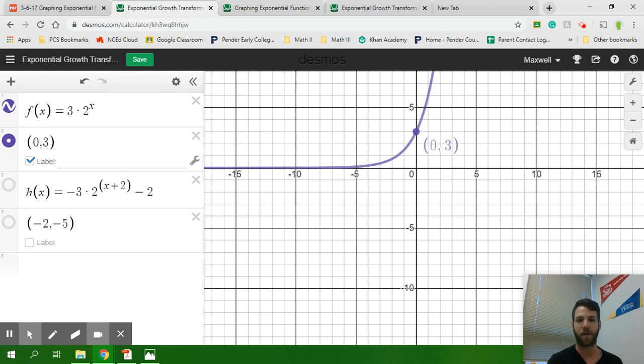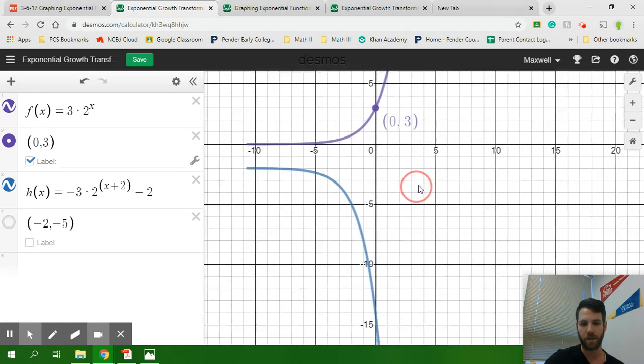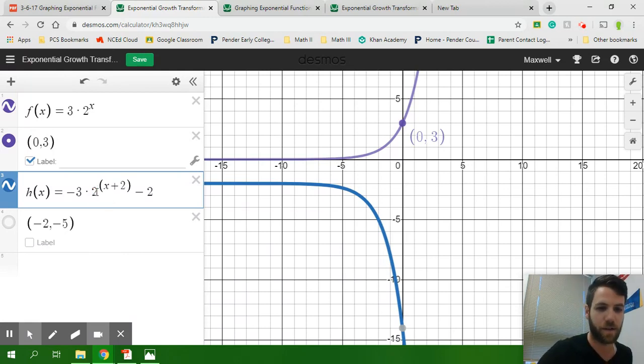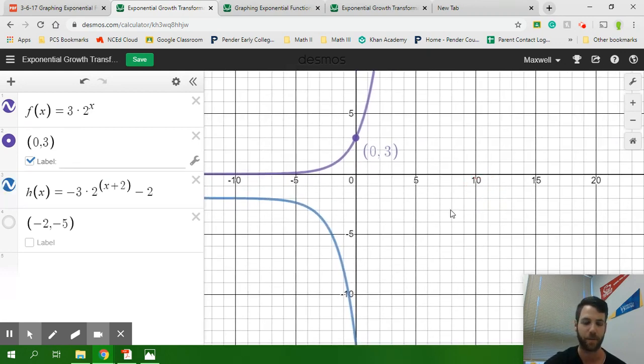In our next graph that we're going to be working on is h of x right here. And we can see it pop up on screen right now. And it has some similarities in that they are both going to be growth functions based on this 2 right here. That makes it a growth function underneath the x there. And we are going to be looking for the same exact things as just another example here.